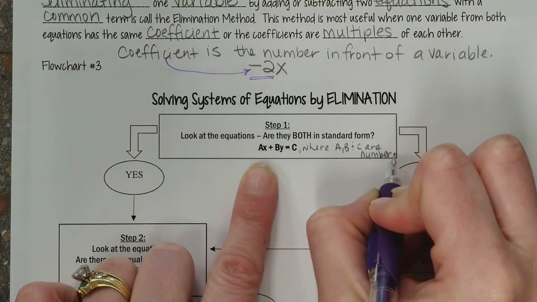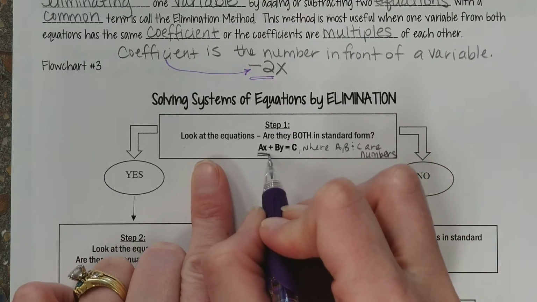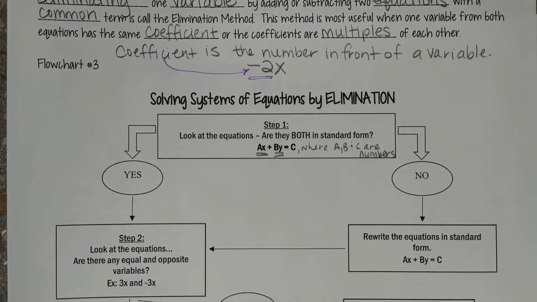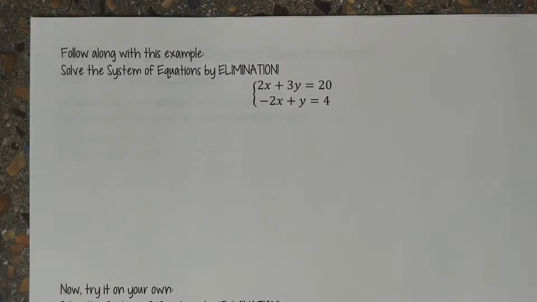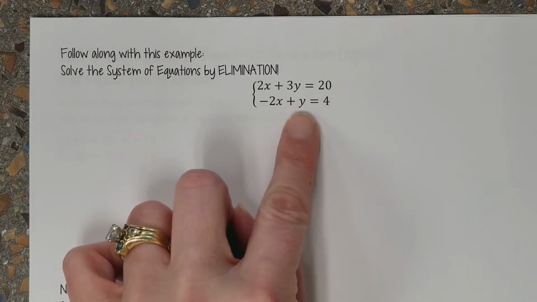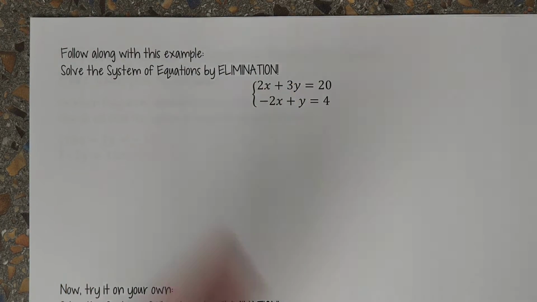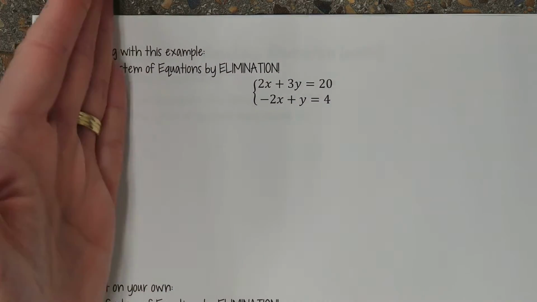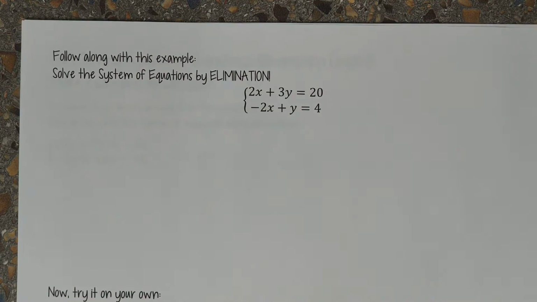One thing you really need to keep in mind is that x always has to be before y. So are they both in standard form? x, y, x, y. Yes, they're both in standard form. x and y are both on the same side of the equation, and x is first and y is second. So these are perfect for us. So we go to yes.